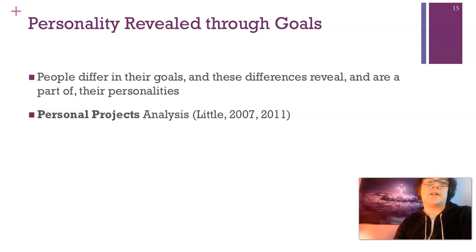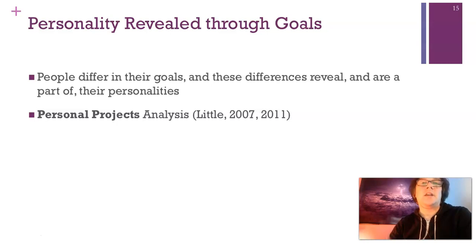Okay, well, I guess I'll just talk about the personal projects analysis that was developed by Little, 2007-2011. Little developed the personal projects analysis method for assessing people's personal goals, their personal projects.